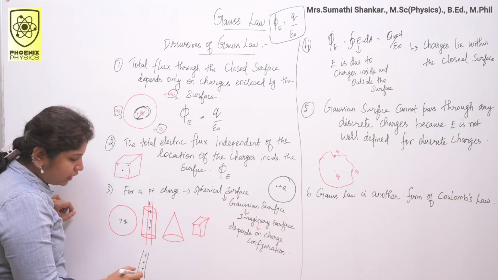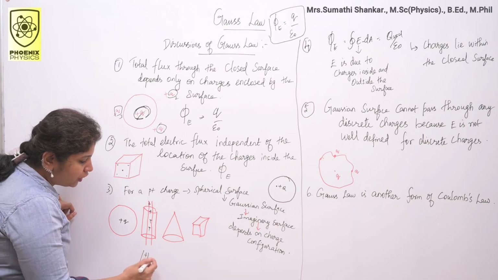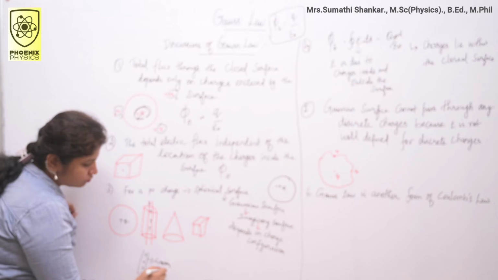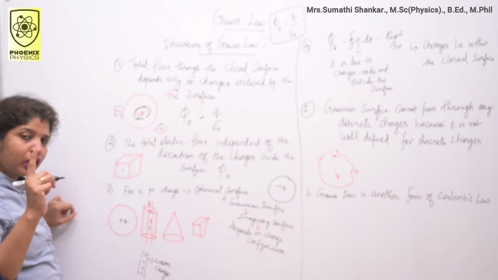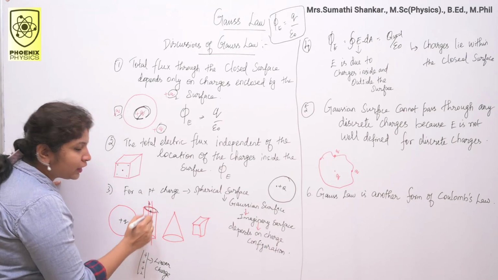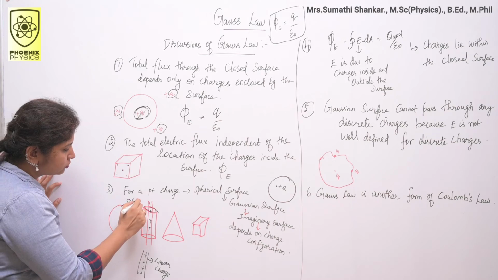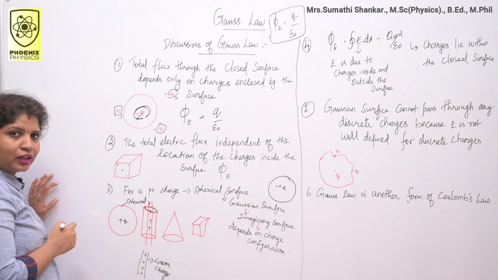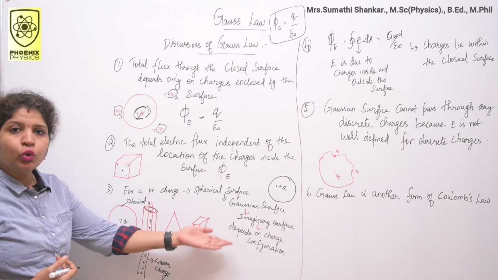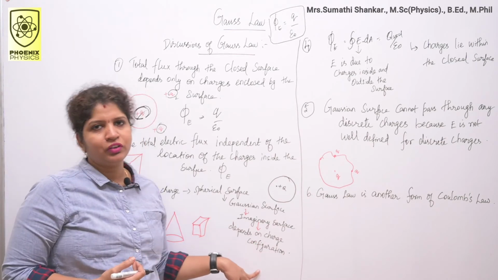Inside this conductor, I have uniformly distributed charges like this. This is called linear charge distribution. Suppose you have linear charge distribution, you can choose a cylindrical Gaussian surface. This is spherical Gaussian surface. This is cylindrical Gaussian surface. You can choose cone-like surface or cube-like surface also based on the charge configuration.